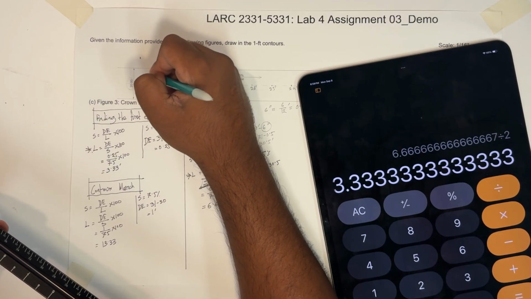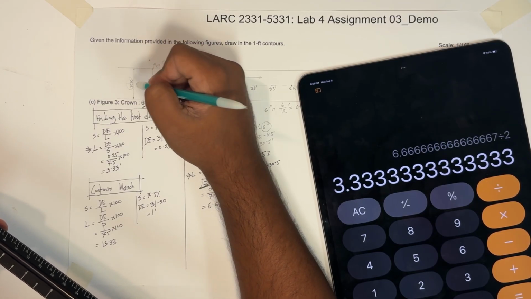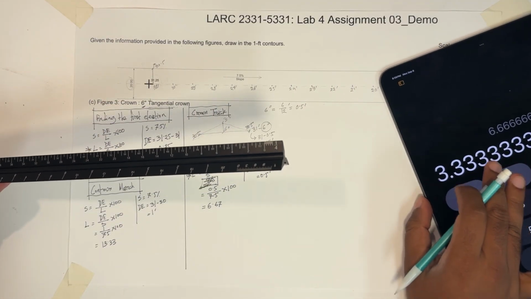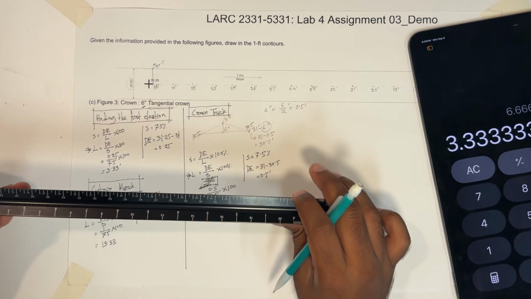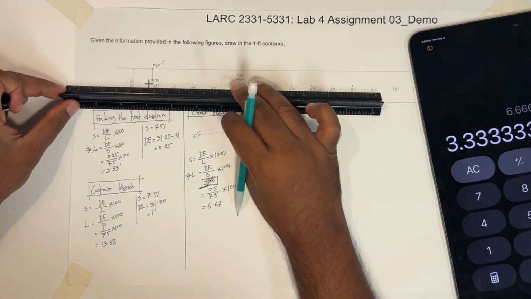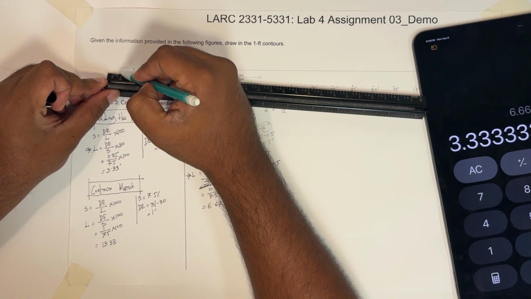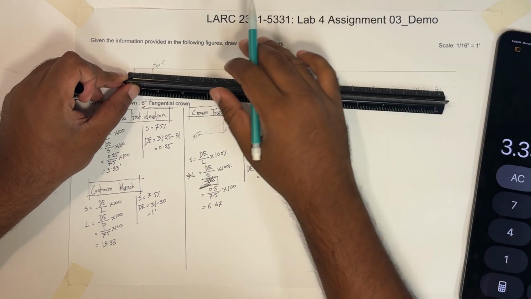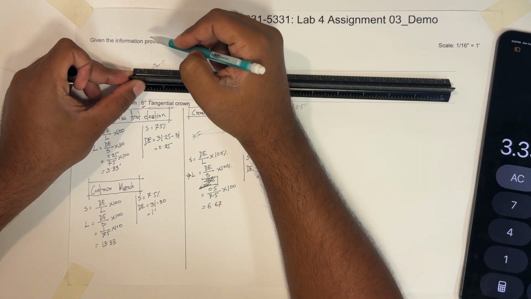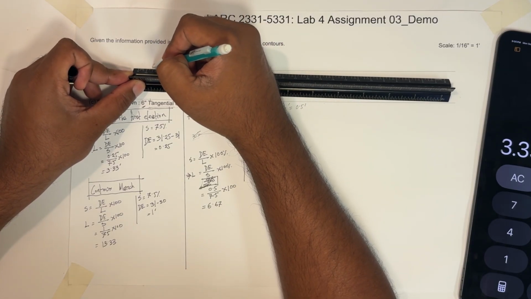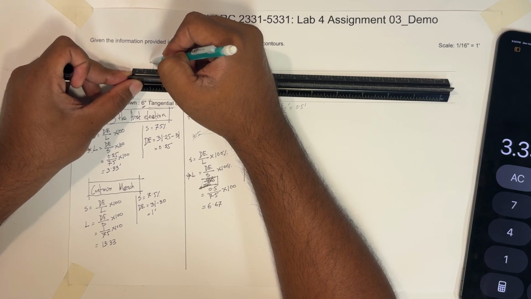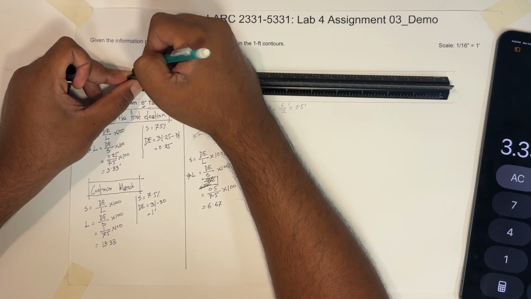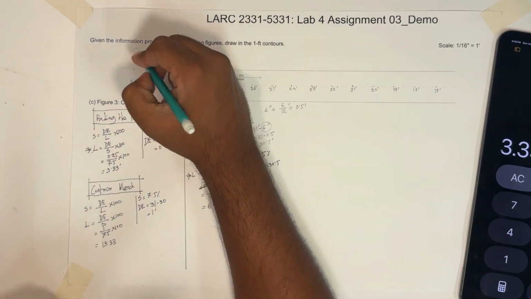And we can't exactly find a 3.33 with this scale because it doesn't show us decimal points, but we'll do an approximation for this. So 1, 2, 3, and somewhere near that 3 would be 3.33. Again, 1, 2, 3, and just a little more. So that would be our 31 feet.